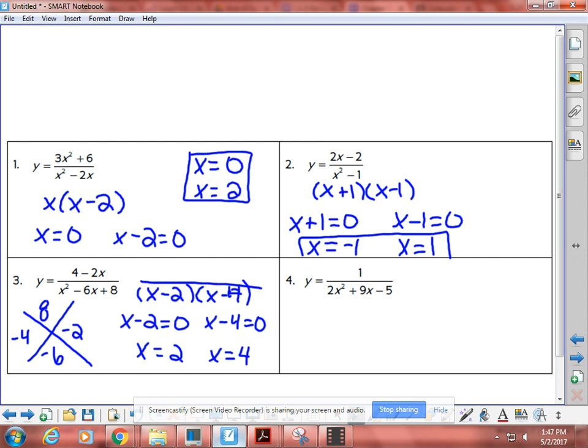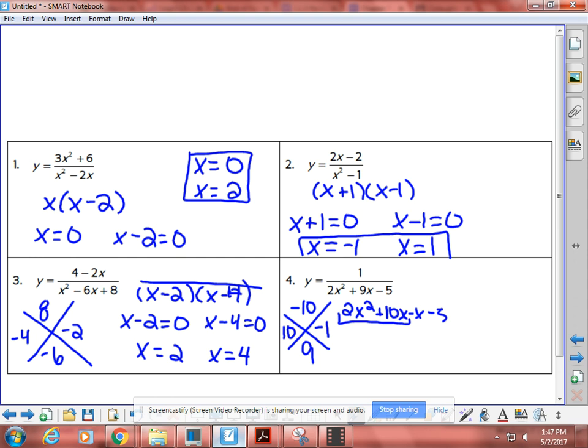Okay, same thing here. This one's just a little bit harder because you have to do your factoring first. So it has to multiply to negative 10 and add to 9. What's going to do that is positive 10 and negative 1. So then I have to rewrite that as 2x squared plus 10x minus x minus 5.